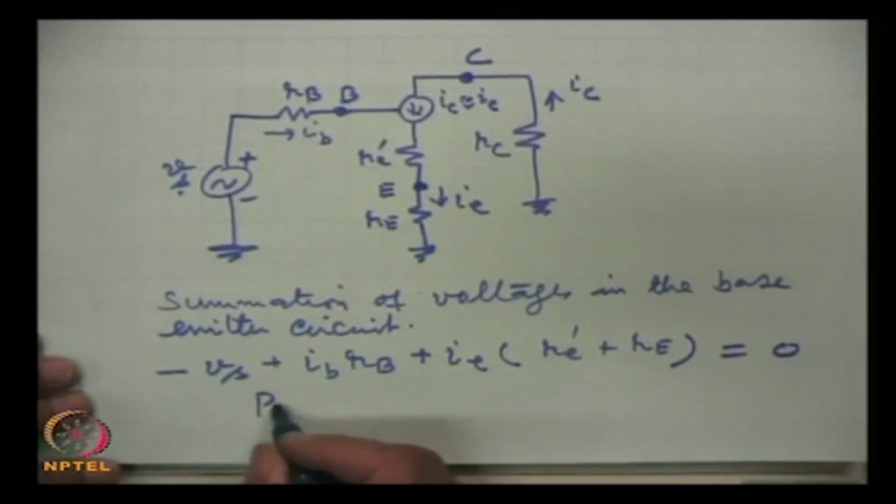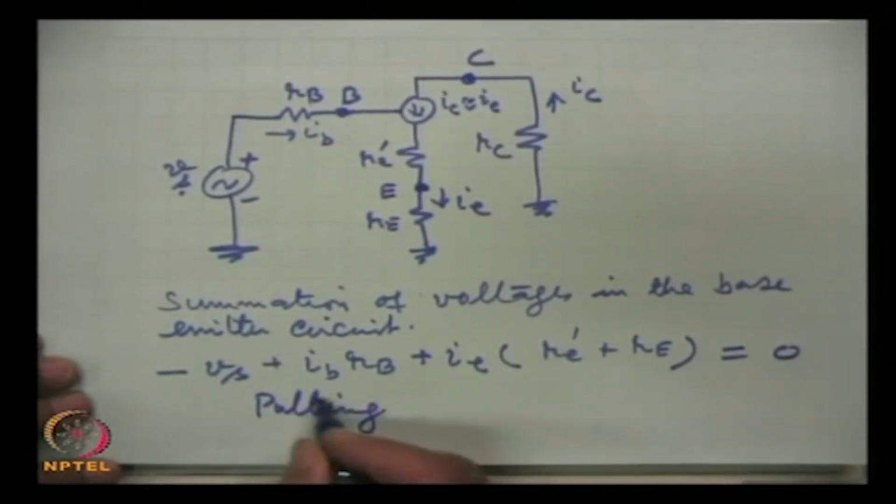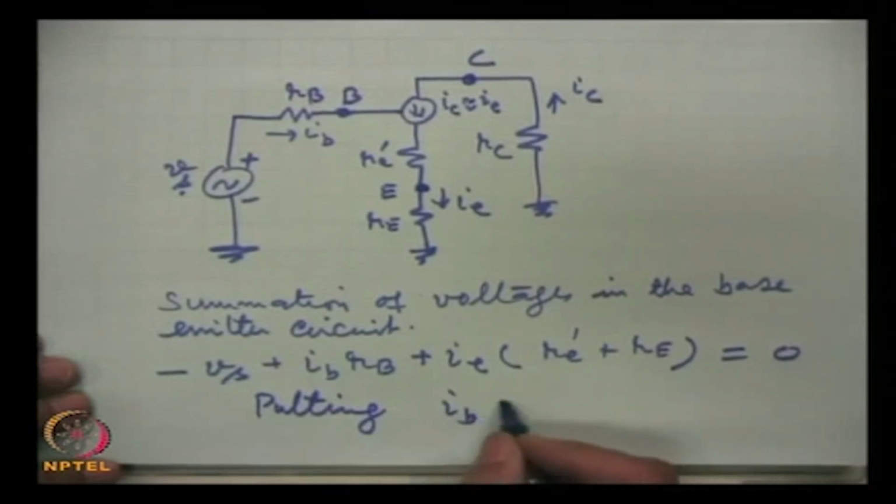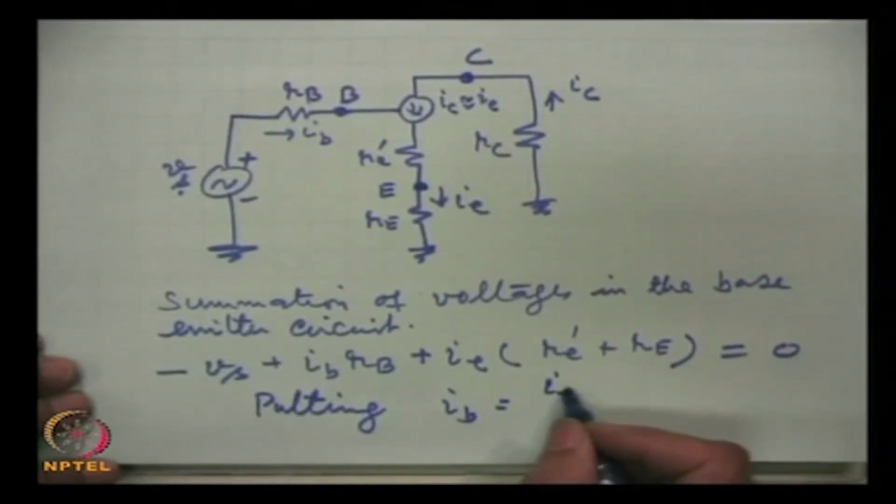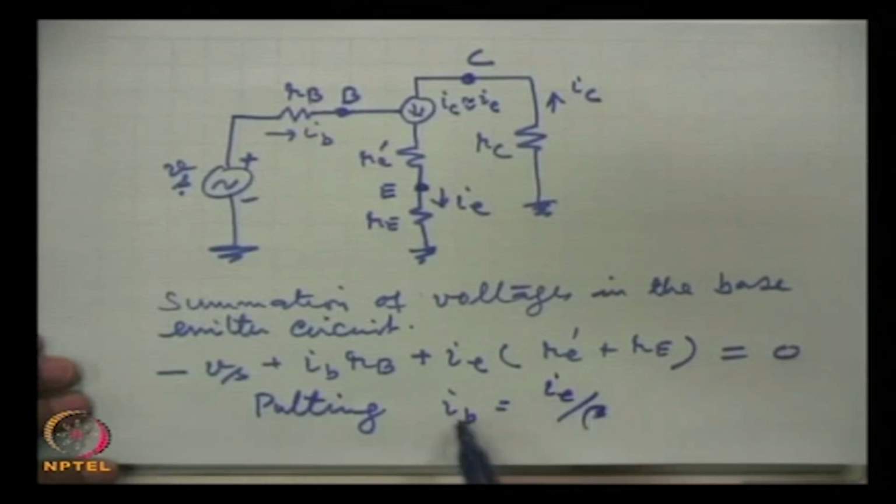Now, putting Ib equal to Ie by beta, actually the base current is equal to the collector current by beta, but collector current and emitter current are taken as equal.